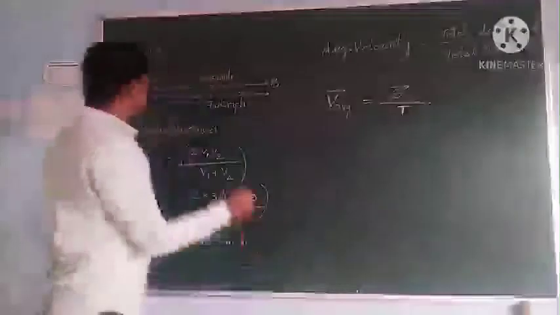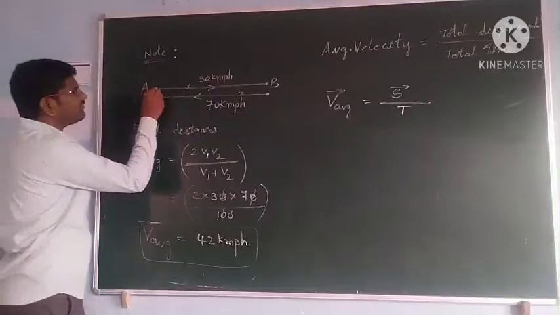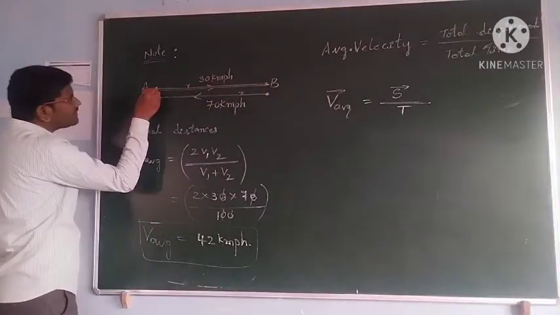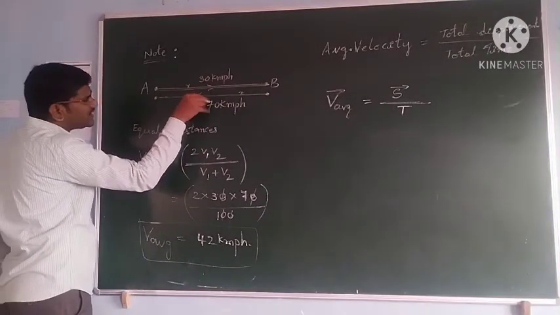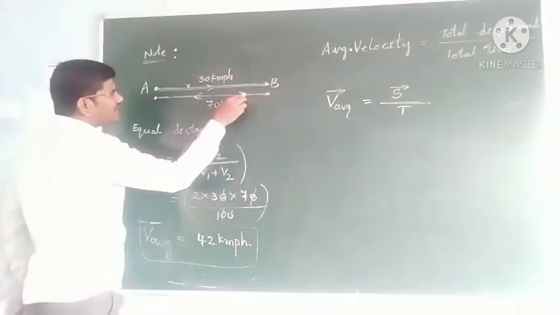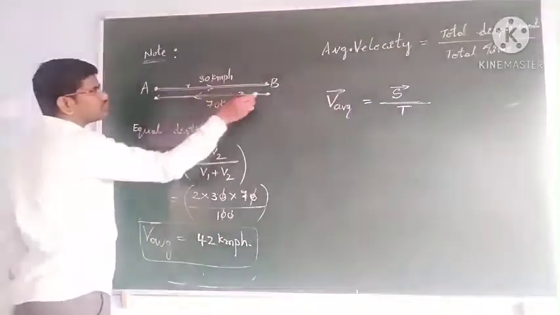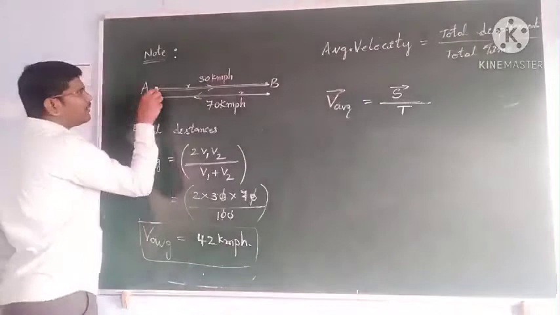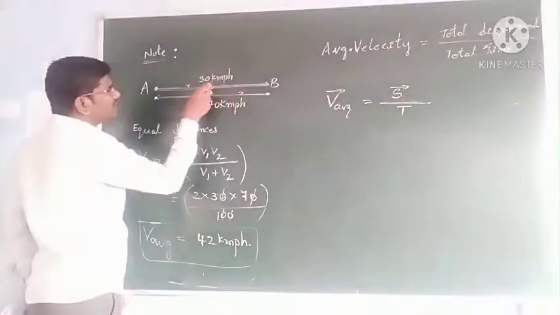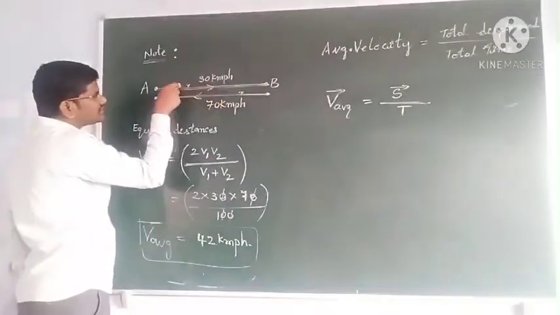And see here students, the initial point is A, it went to B and reached, and the return journey is in the same path. For our convenience and understanding, I took the line downward, but it went in the same direction and returned in the same direction.